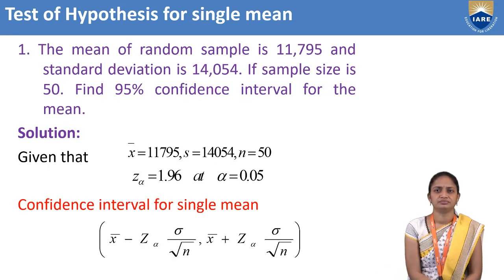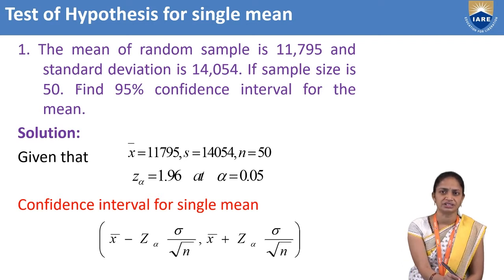First problem. The mean of a random sample is 11,795 and standard deviation is 14,054. If sample size is 50, find 95% confidence interval for the mean.